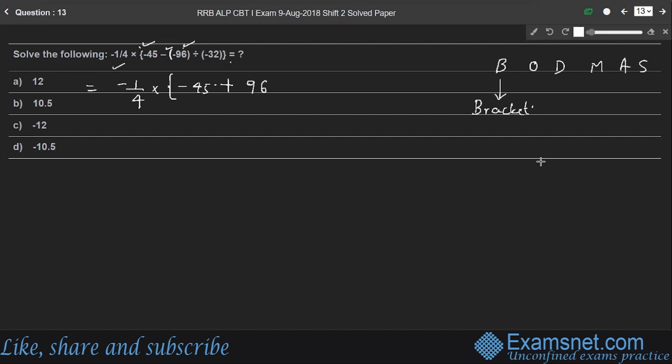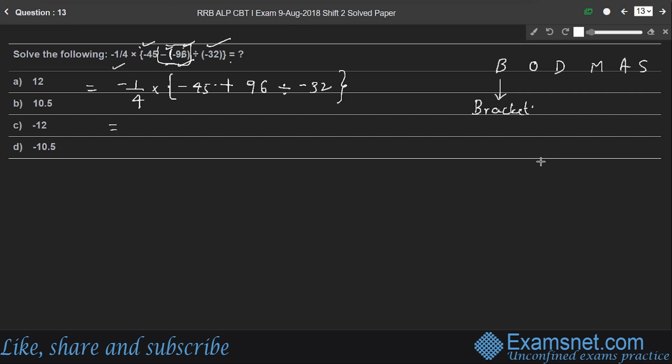So minus of minus 96 is plus 96 divided by minus 32. Minus 32 is separate. It is not minus of minus 32, because this negative sign is applicable to only minus 96. Therefore, close the flower bracket.